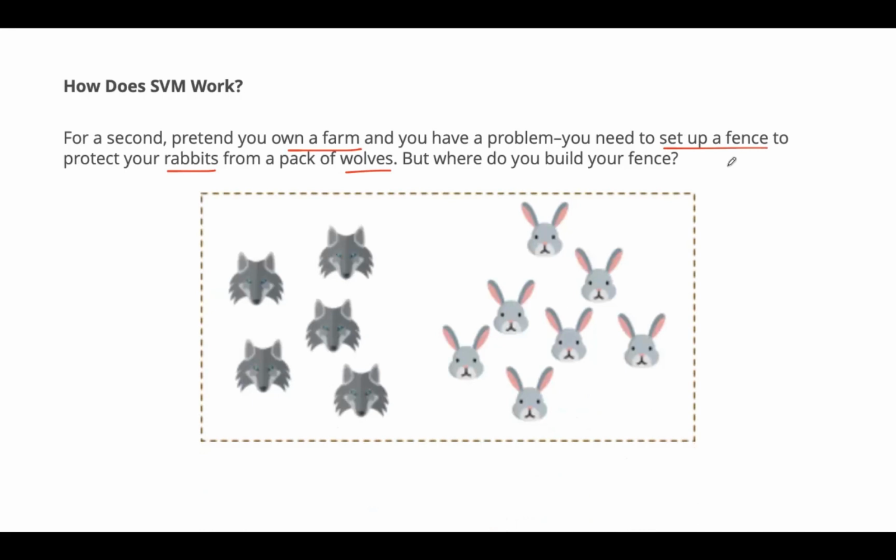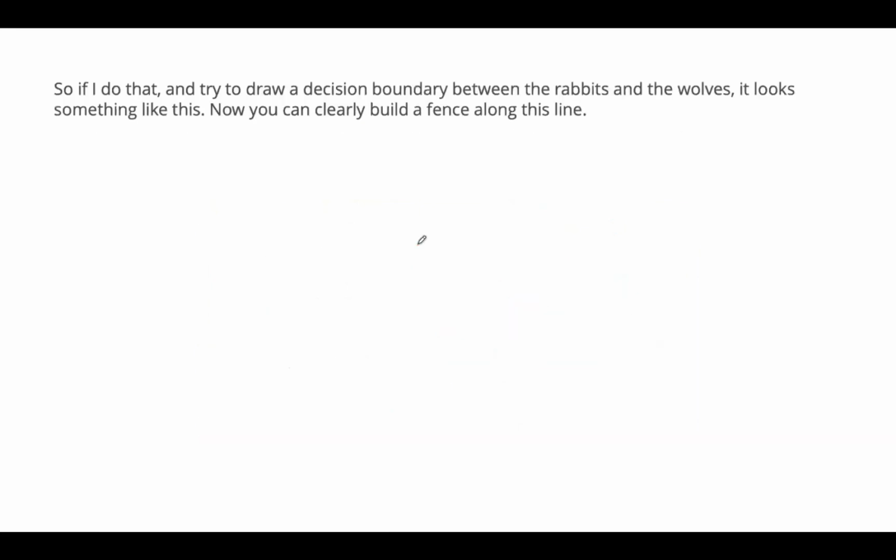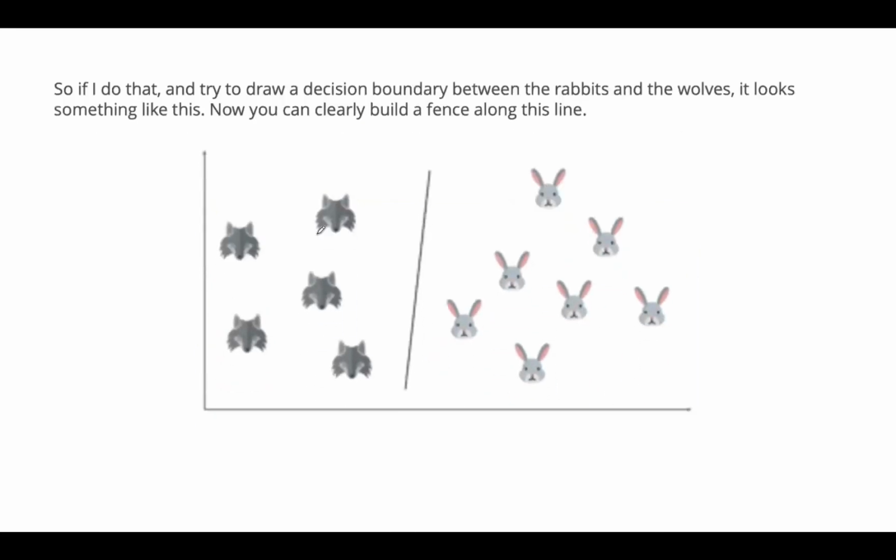If I do something like that and draw a decision boundary between these rabbits and wolves, it looks something like this, right?